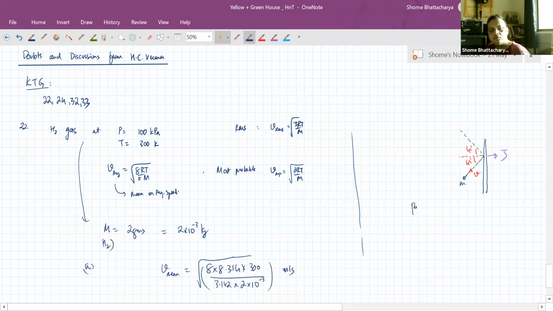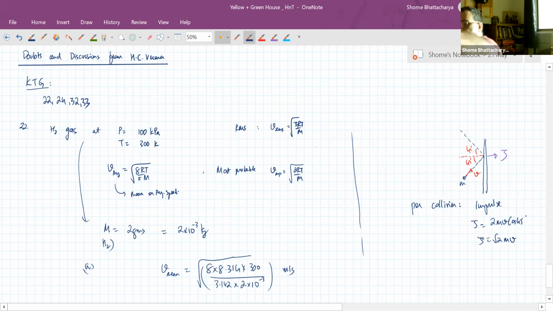Per collision, the impulse will be equal to 2 mv cos 45, or root 2 times mv.